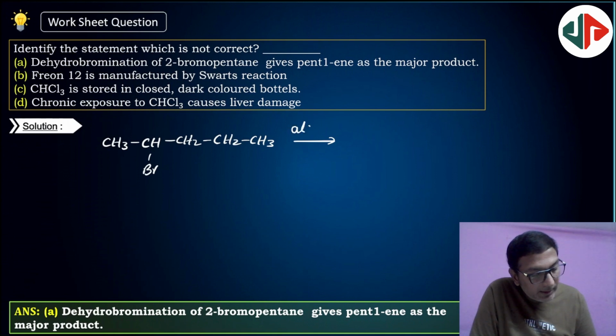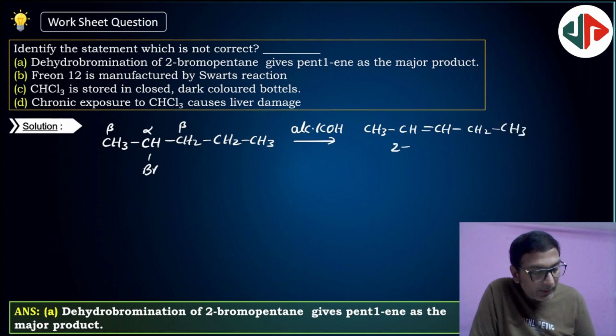Dehydrobromination, that means alcoholic KOH. So two beta carbons are available. Two compounds are possible here. First compound CH3, CH=CH, CH2, CH3, 2-pentene.